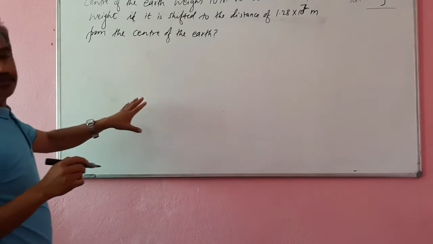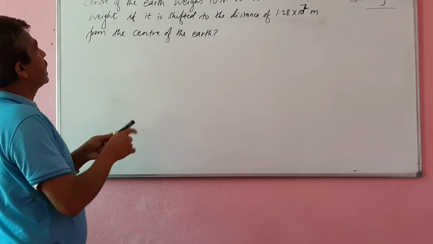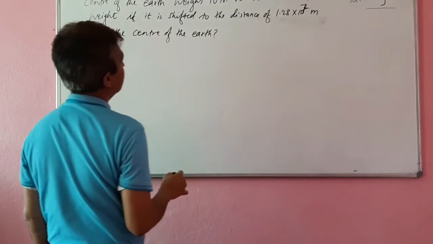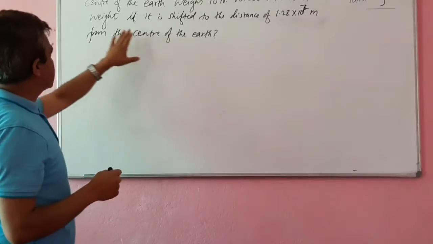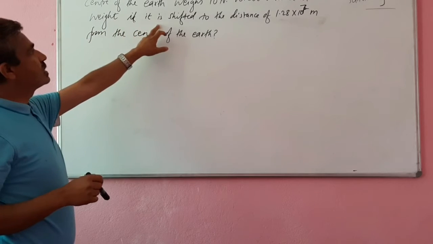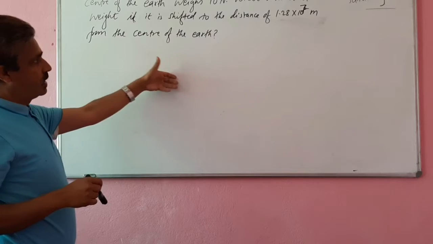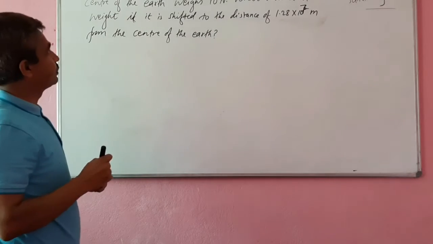Okay, are you ready? Second question is, if an object at a distance of 6.4 times 10 to the power 6 meter from the center of the earth weighs 10 Newton, what will be its weight if it is shifted to the distance of 1.28 times 10 to the power 7 meter from the center of the earth?